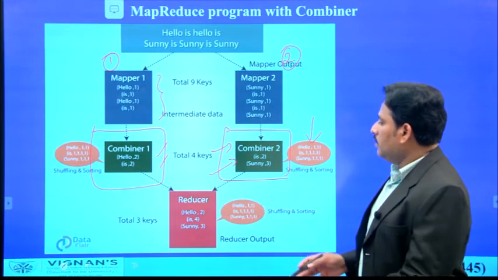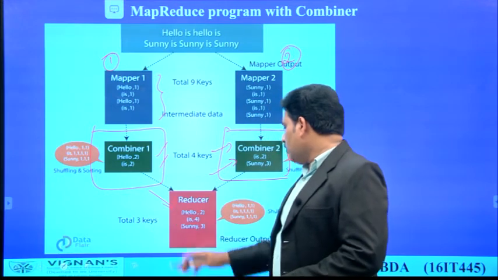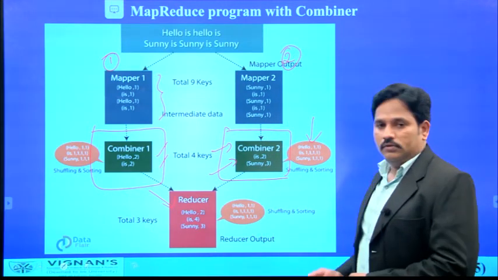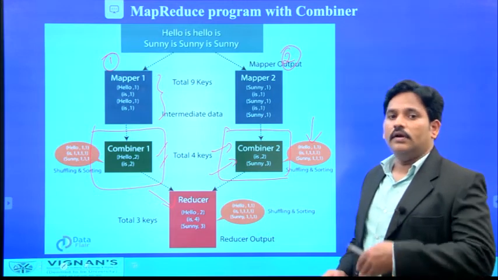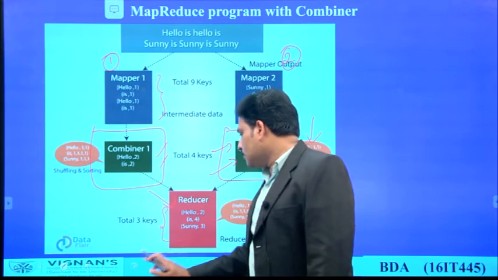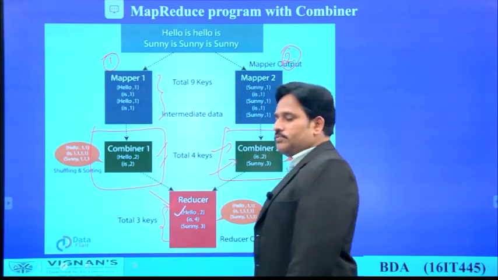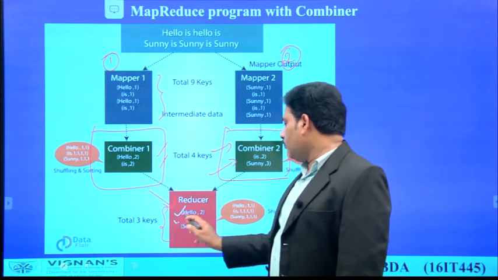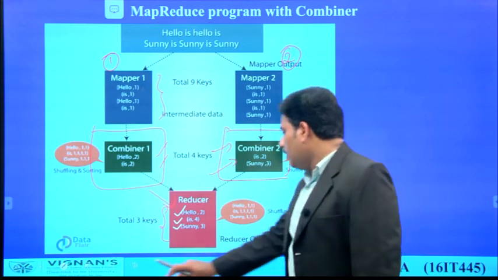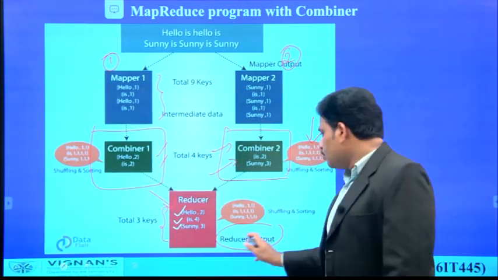Finally the shuffled and sorted data is given to the reducer, which simply applies the merge operation or data aggregation. The final values are hello comma 2, is repeated 4 times, and sunny repeated 3 times. This is the reduced output.